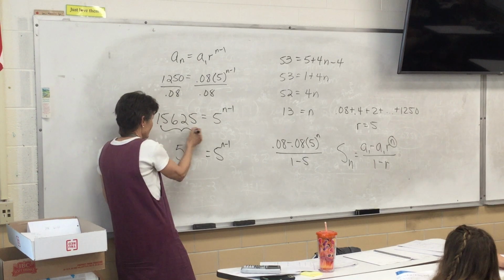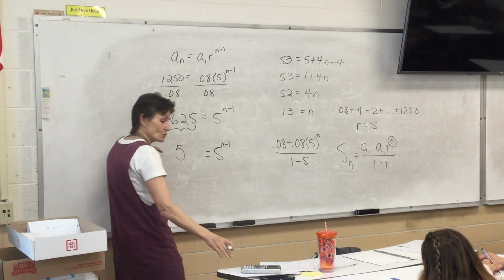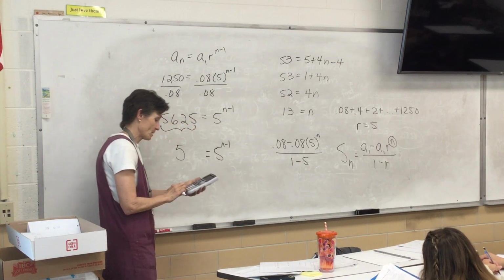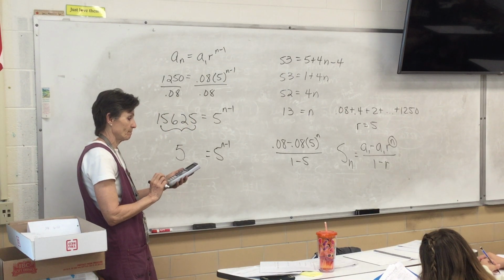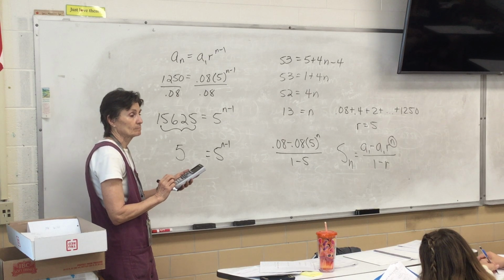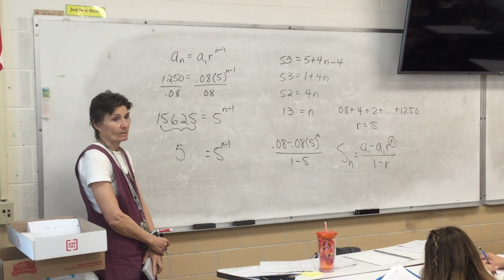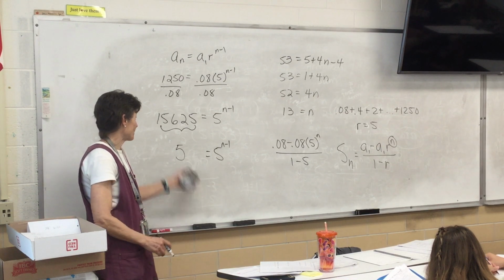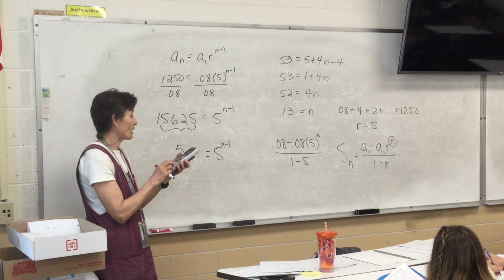This number right here is 5 times 5 times 5 some number of times. So let's just trial and error. What's 5 raised to the 5th? Is it that number? Nope, it's not that number. I need a bigger number.